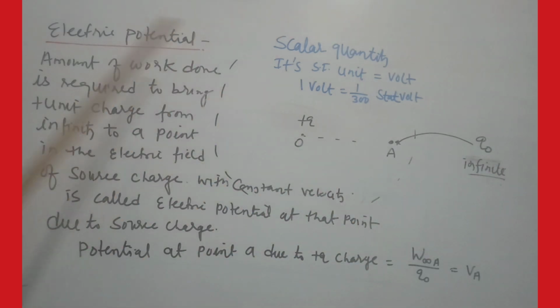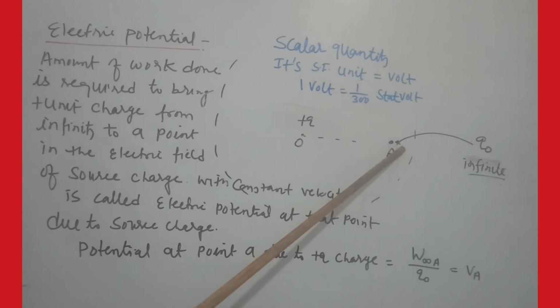So now to study the electrostatic potential at point A due to source charge Q, we find out work done to bring Q naught charge from infinity to point A with constant velocity.